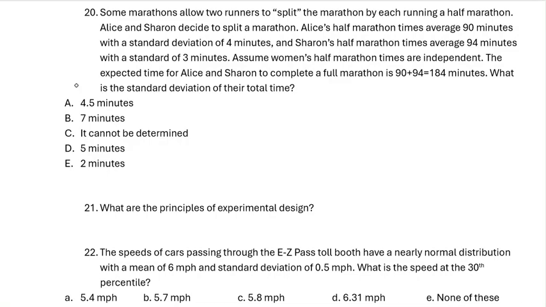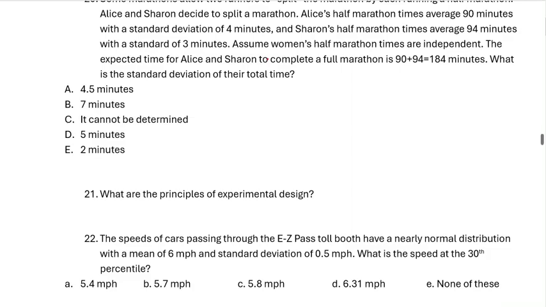Sometimes some marathons allow runners to split a marathon with each person running half. Alice and Sharon decide to split a marathon. Alice's average is 90 with a standard deviation of 4. Sharon's is 94 with a standard deviation of 3. Times are independent.